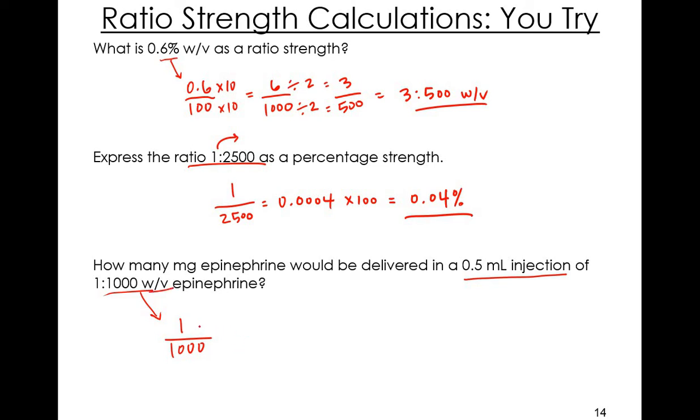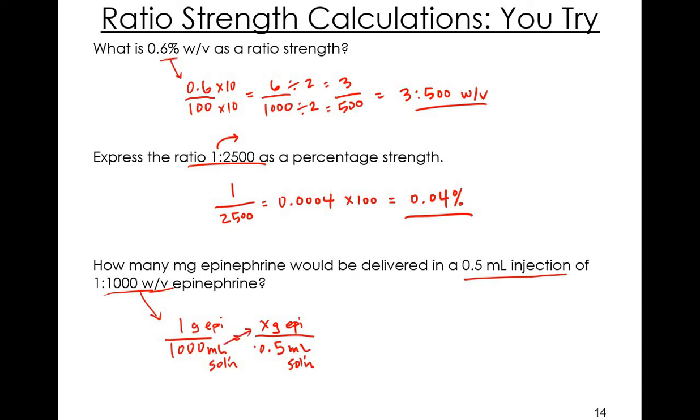It's a weight per volume, so grams over milliliters, and the active ingredient is epinephrine, and the total preparation is an epinephrine solution. We want to know how many milligrams eventually, but let's start with how many grams of epinephrine are in 0.5 milliliters of the solution that gets injected.